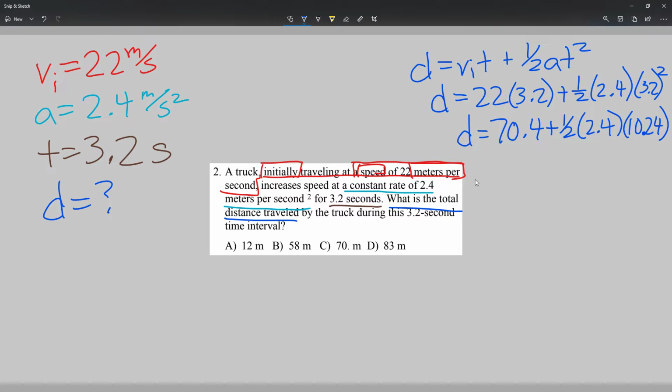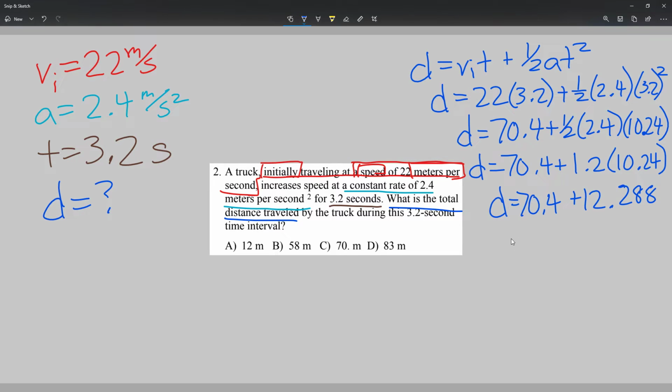10.24. Let's simplify this now. Let's do 70.4 plus this entire thing. So 1/2 times 2.4 gives you 1.2. 1.2 times 10.24 gives me 12.288.